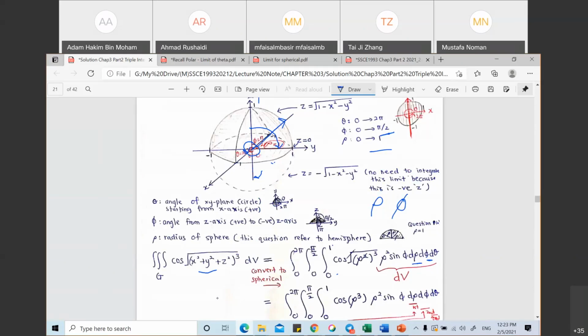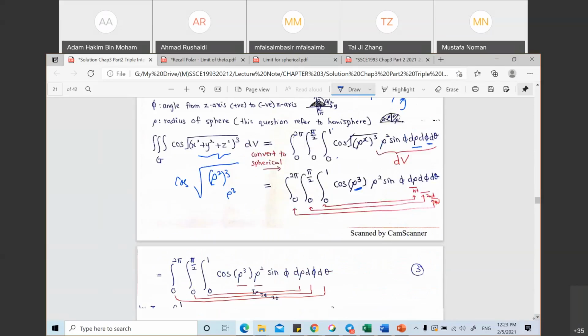And then we have rho squared, and then rho cube, and inside we have cos phi, and then everything is dV. So understand this first. Others is just calculation.